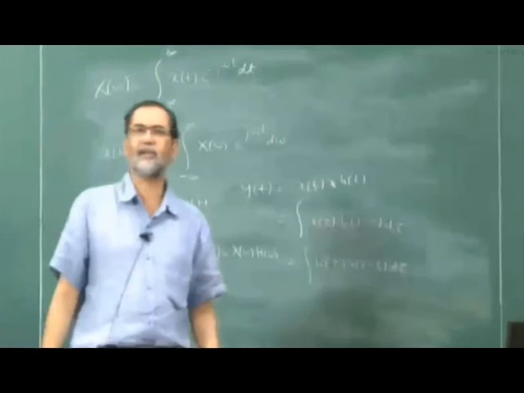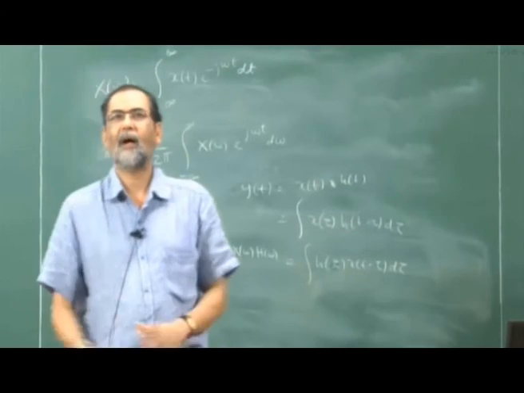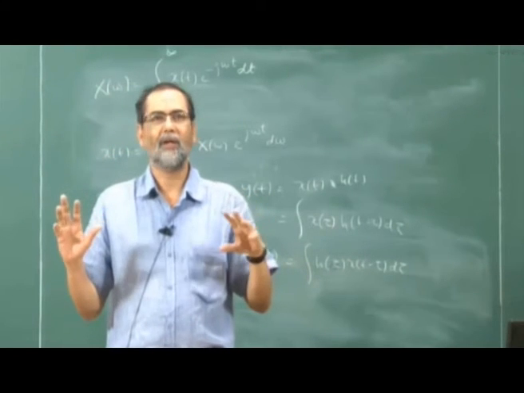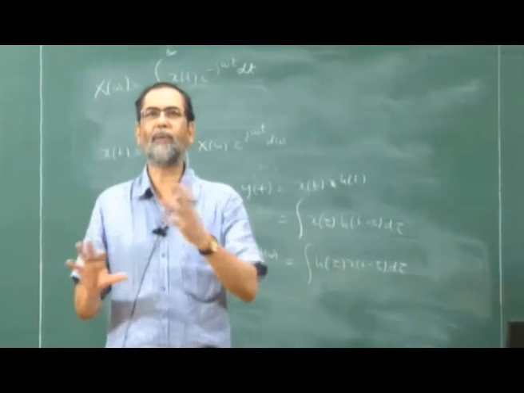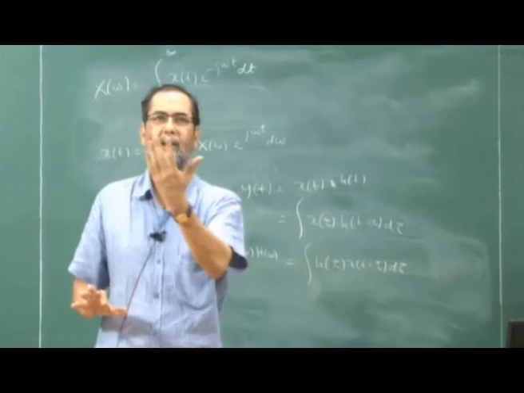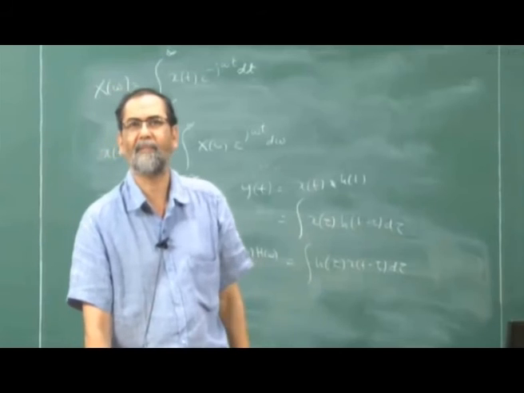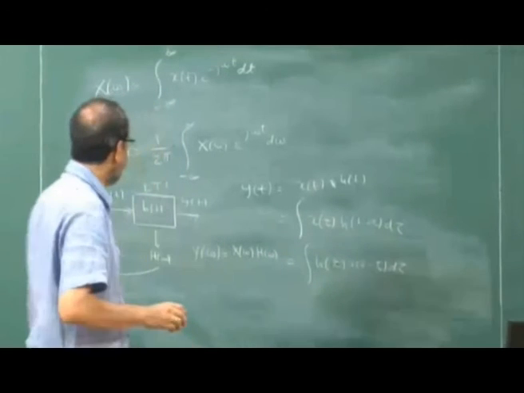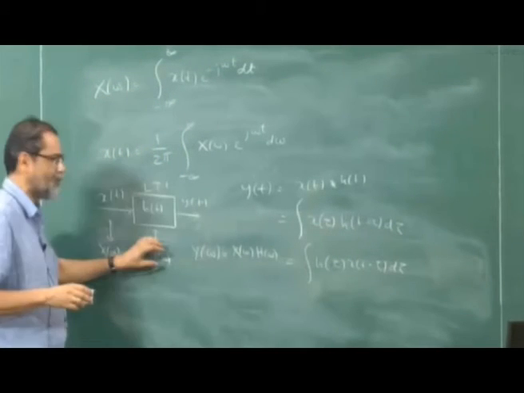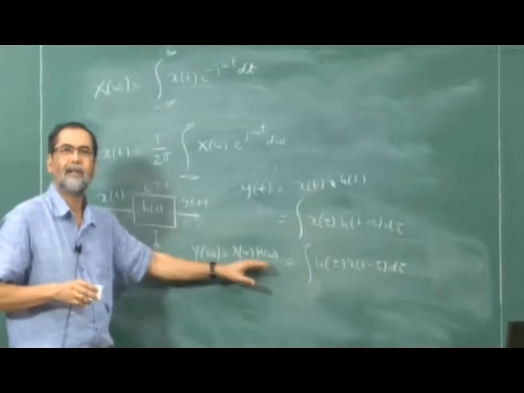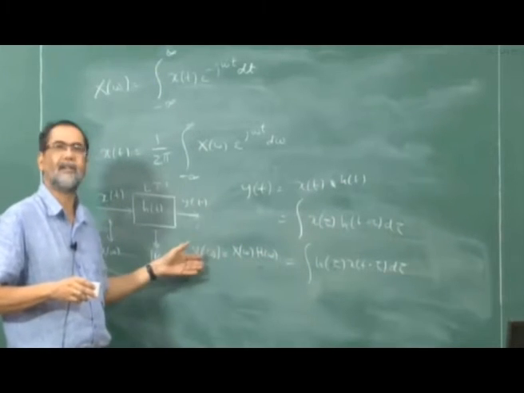Just simple multiplication, right? I mean, we are happy with multiplication. No convolution, nothing complicated, no taking the signal, flipping it, taking it to infinity and dragging it, none of that. Simply take the individual Fourier transforms, find the product, and that is the Fourier transform of the output.